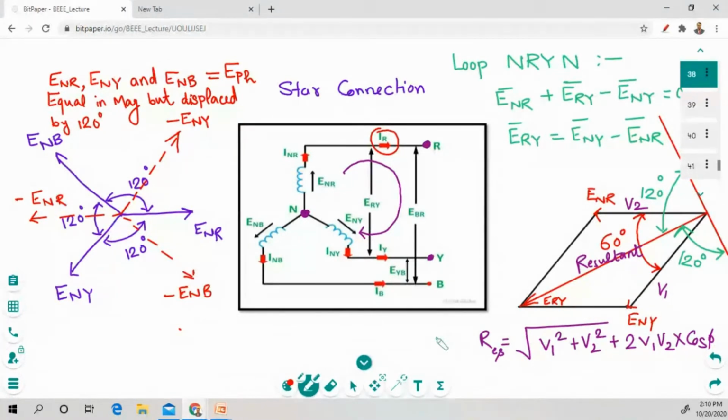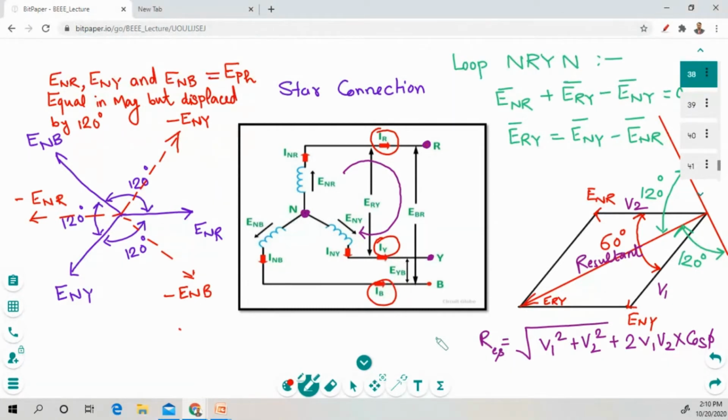Because this current is flowing through the branch R. Now IY is a line current flowing through the branch Y. Lastly, we have current IB, flowing in branch B, so that's why we have represented it as IB. These are called line currents.